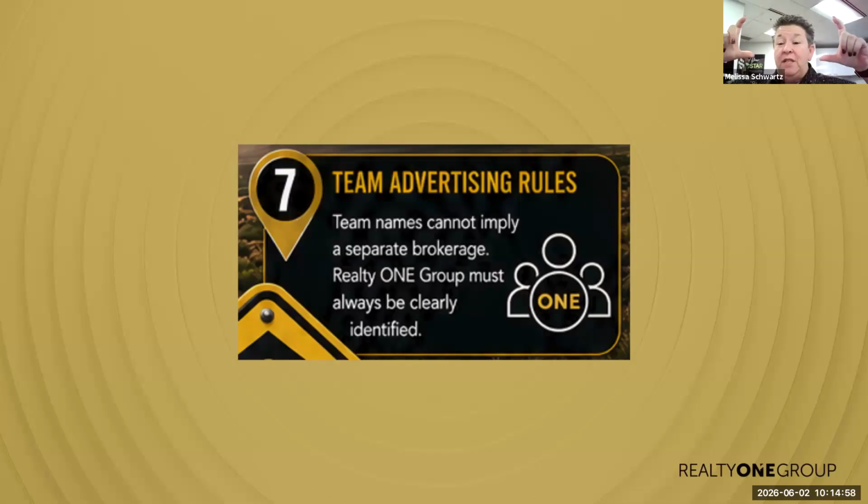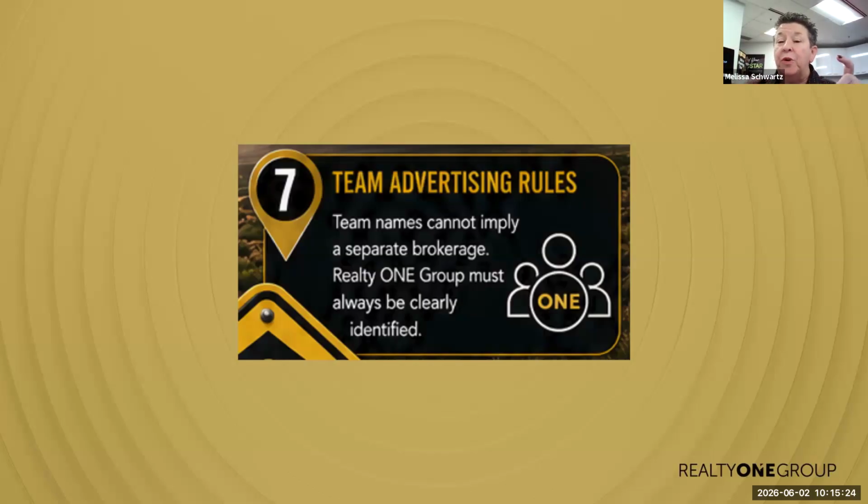If the team is this huge name and then Realty One Group is this small name, they're assuming that the broker is this name. And that's what our Department of Real Estate does not want to have happen. So it has to be prominent. And if anything, it has to be equal to or greater than your team or technically your personal name.